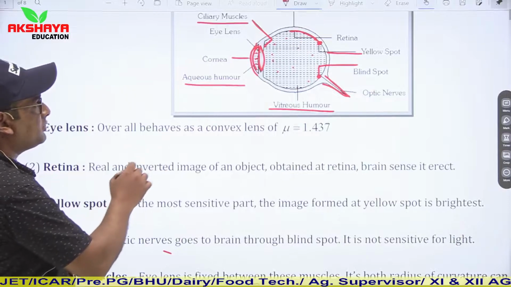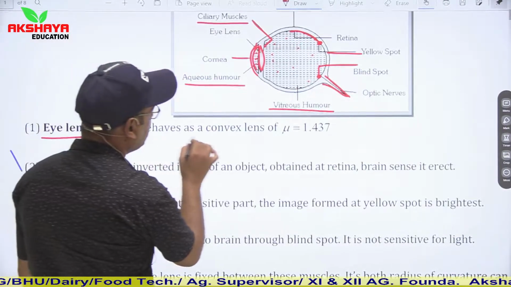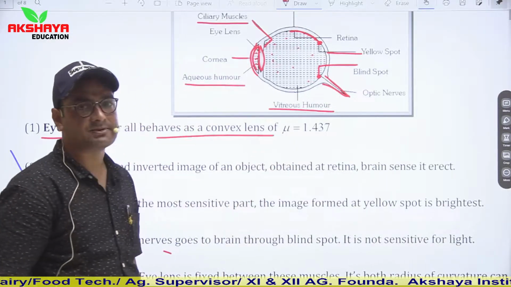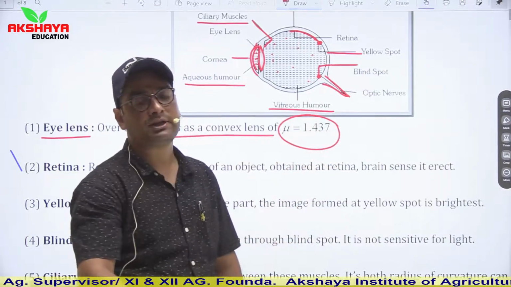Now let us have a look at each and every part. Eye lens: as I told you earlier, it behaves like a convex lens and its refractive index is around 1.437.